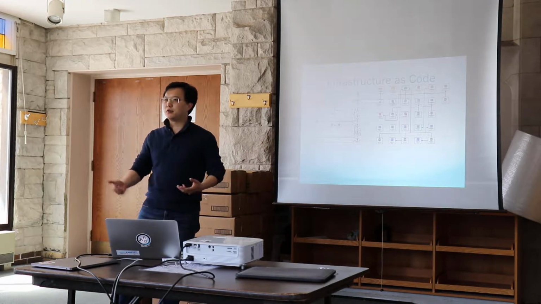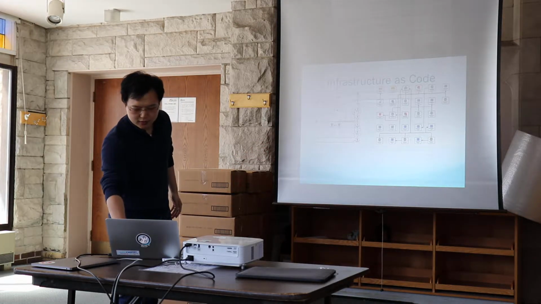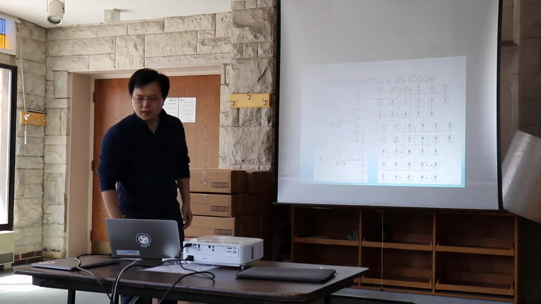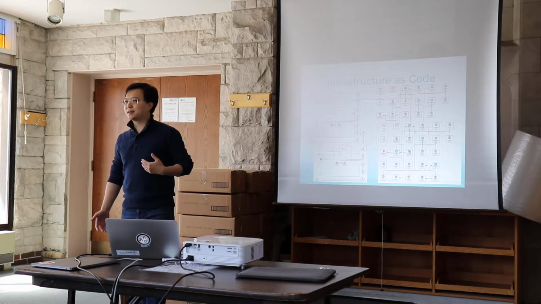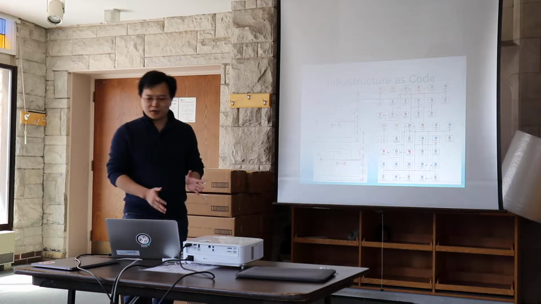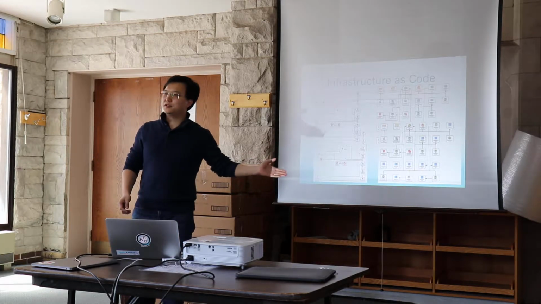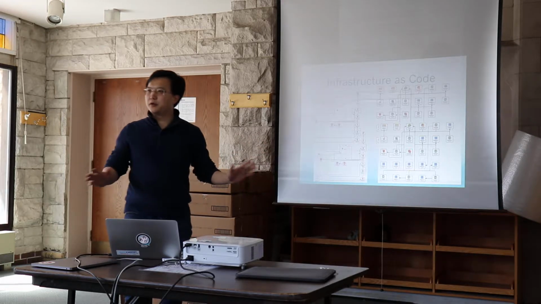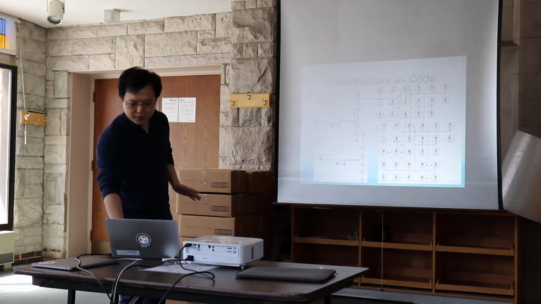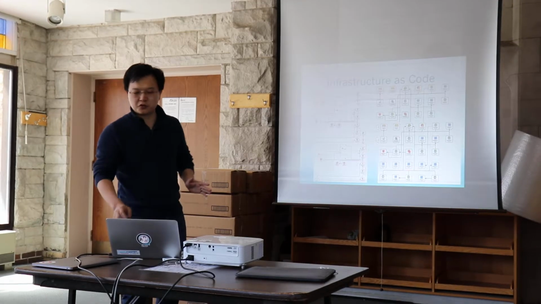You have to connect them in the right way. Also, we need to have two stacks, a prod stack and a dev stack. So you can imagine that if you really want to manage this by hand, it will become messy very quickly. So what should we do then?